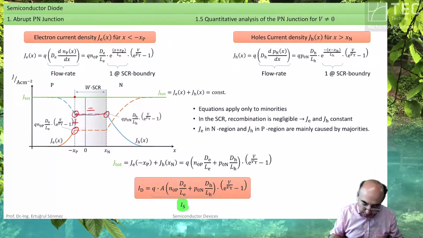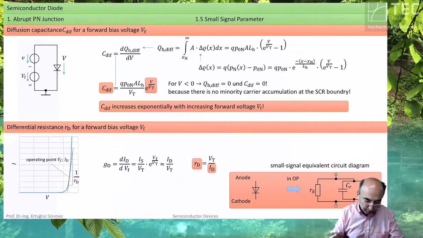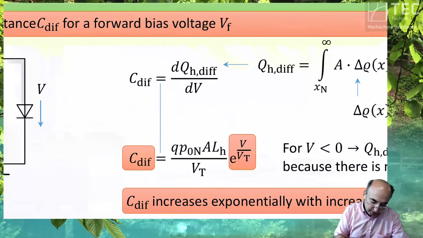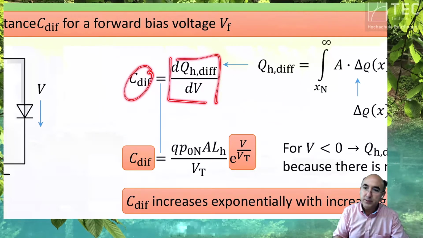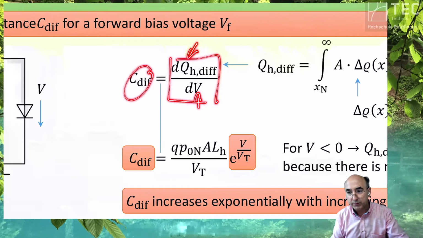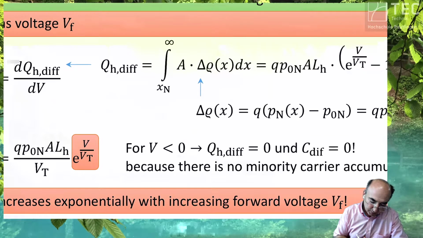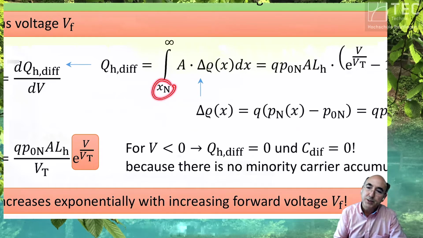Okay, let's quantify these values: stored, injected, and so on. So again, the basic equation is the same. How does the stored charge value change? By changed applied voltage, but forward voltage. Reverse, there's none because you don't inject anything. Okay, this charge you can calculate: imagine you start at the space charge boundary and integrate to infinity.